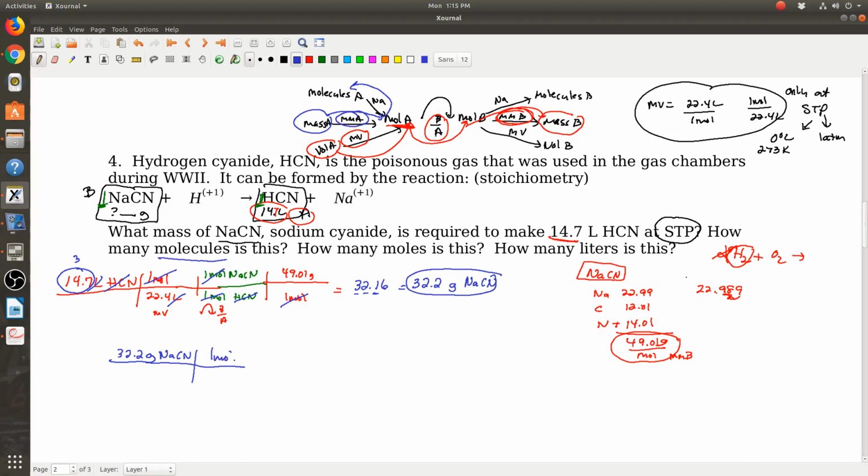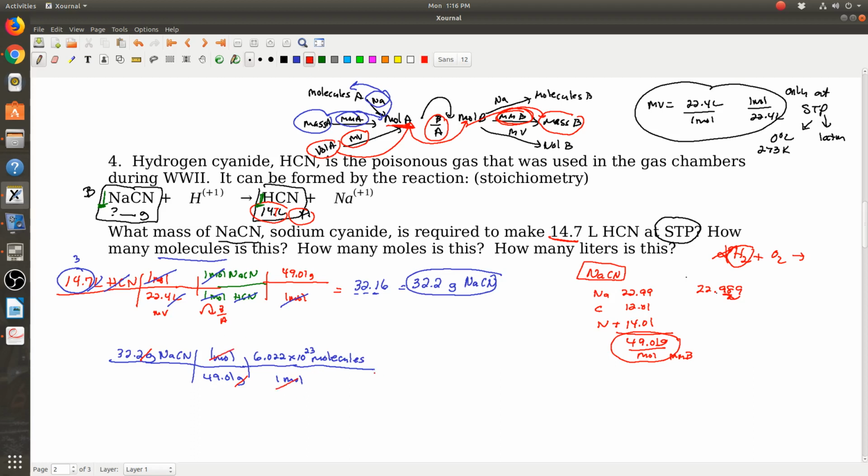So 1 mole is 49.01 grams. And then I'm going to go ahead and cancel that unit, gram and gram. And then I'm going to need Avogadro's number to turn it into molecules. So 6.022 times 10 to the 23rd molecules are in 1 mole. It's not grams in a mole, and it's not grams in a molecule. It's that many molecules are in 1 mole.